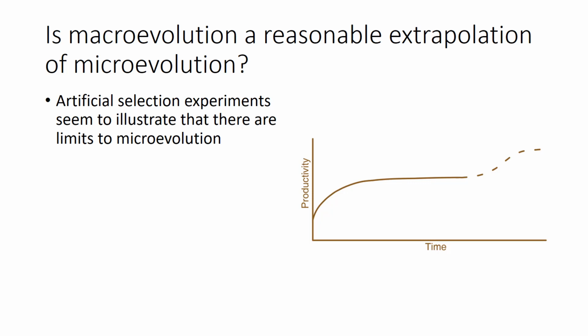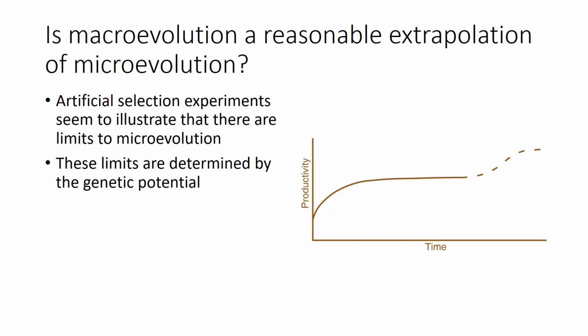With artificial selection, we're able to put enormous selective pressure on these organisms, knowing exactly what we want and trying to make that happen as quickly as possible. And very quickly we see that there is a limit to the amount of variation that we can get from the present genetic information. So these limits to the morphological forms that we have are determined by the genetic potential.